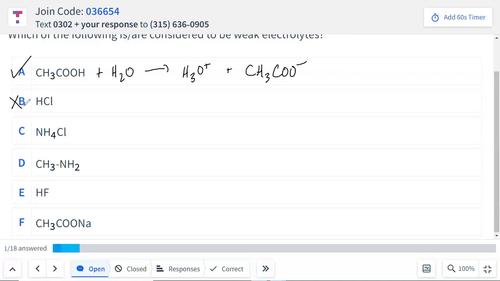Is there anything acidic or basic about that compound? No. It's just ionic. I know ammonium ion, I know chloride ion, put them together, I've got an ionic compound. Ionic compounds that dissolve in water are strong electrolytes. So this one's not going to work.